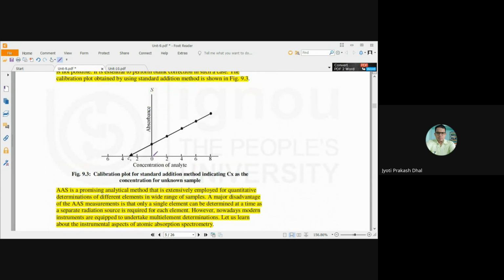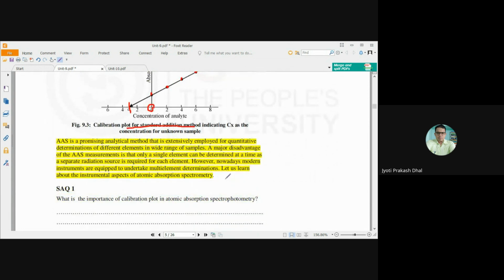So here, this is the concentration of the analyte and the calibration plot of the standard addition method, showing the absorbance for known concentrations of the analyte, which can be extrapolated so we can find out the concentration of the unknown sample.